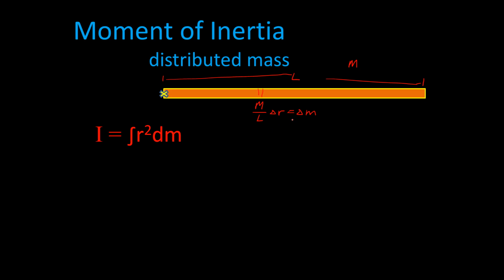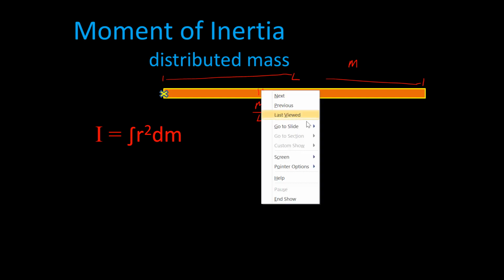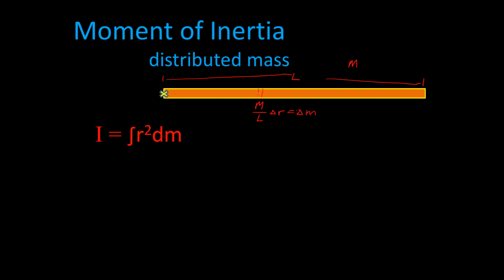I keep making my intervals smaller and smaller, and eventually that little bit of mass in this area here, dm, is equal to the mass per unit length times that little bit of length I have there.